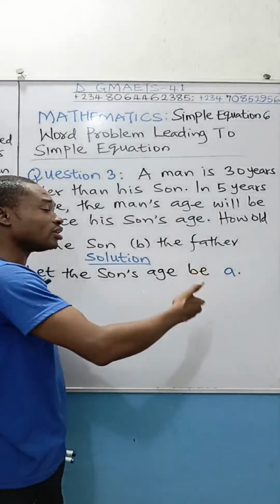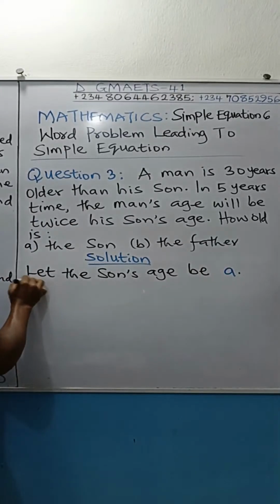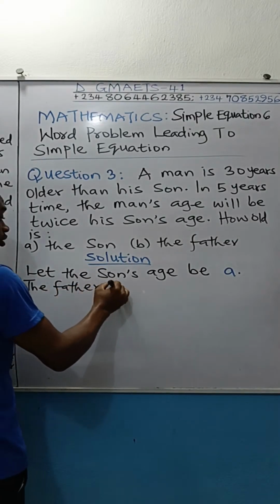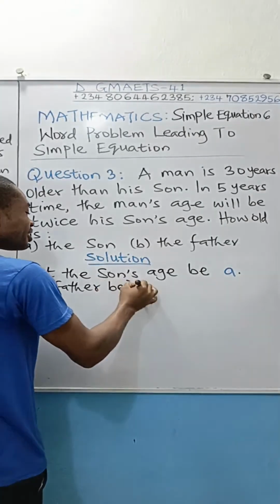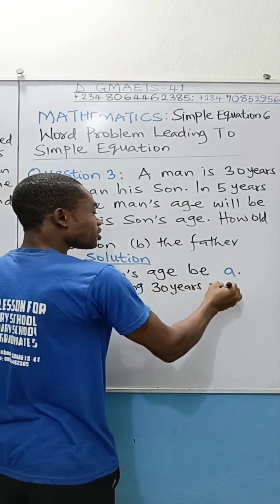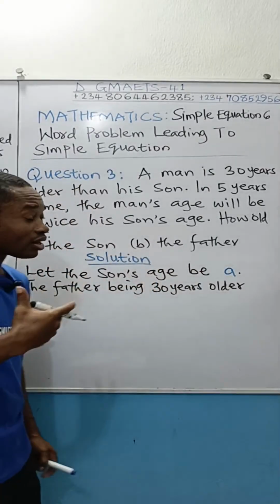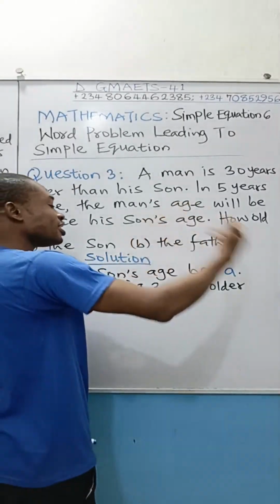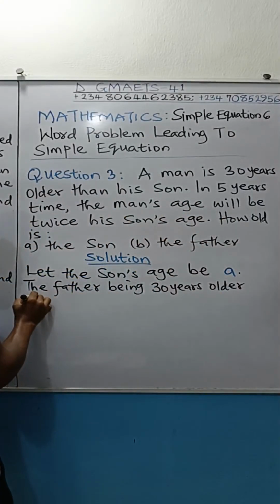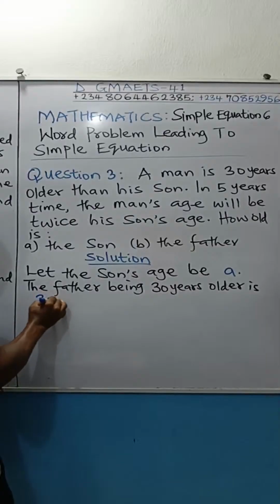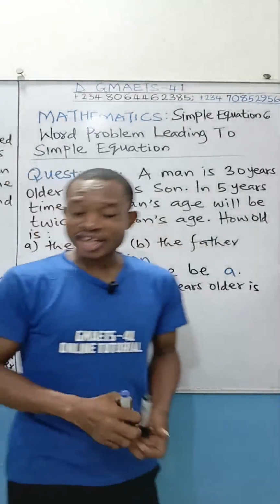Let the son's age be A. The father being 30 years older means or is 30 plus A. That is the meaning of that statement.